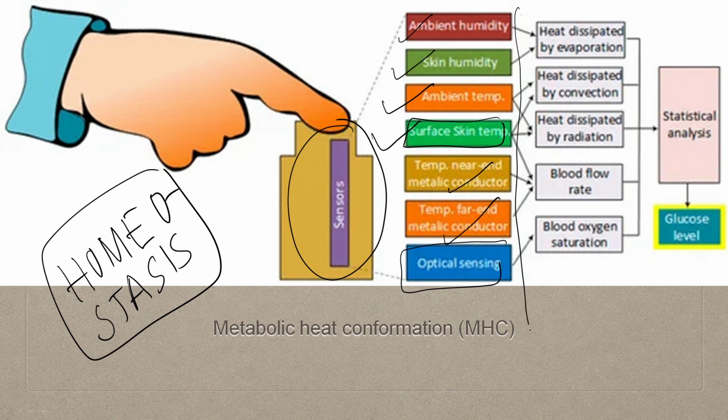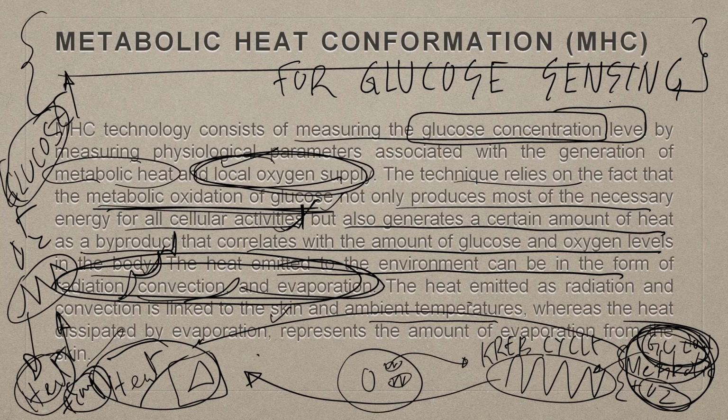Now, this will help you to calculate the heat dissipated by evaporation. These two parameters will help you to see the heat dissipated by convection, then the heat dissipated by radiation. When I am telling you this, you go back and check this part, where we talked about the heat emitted as radiation and convection linked to the skin and ambient temperature, whereas the heat dissipated by evaporation represents the amount of evaporation from the skin.